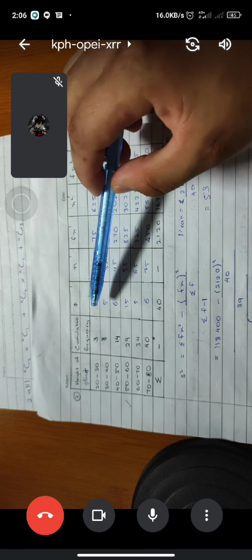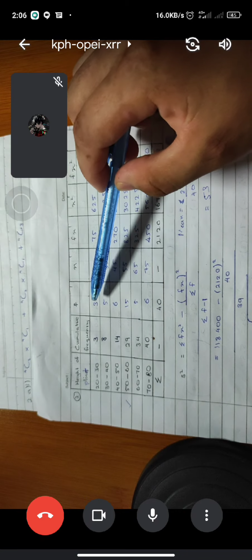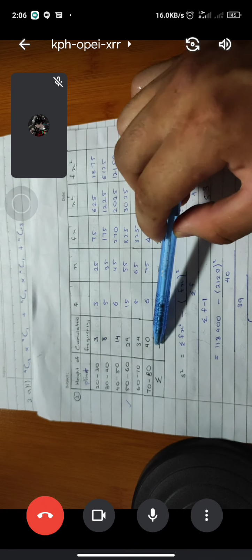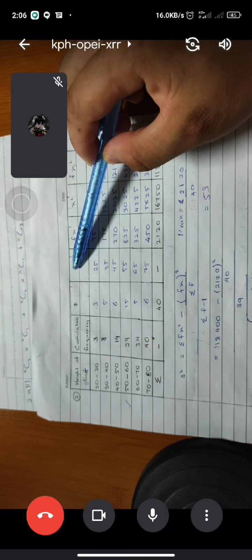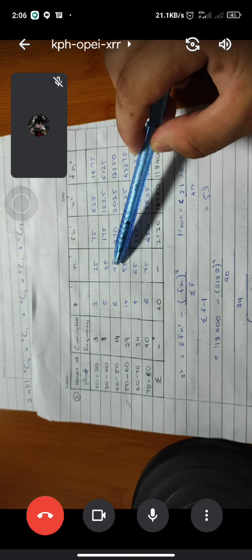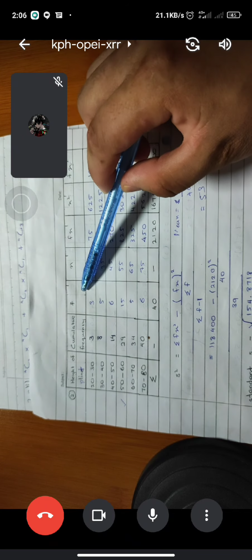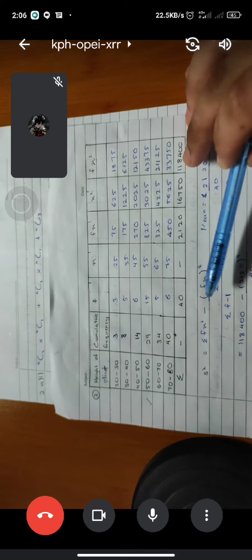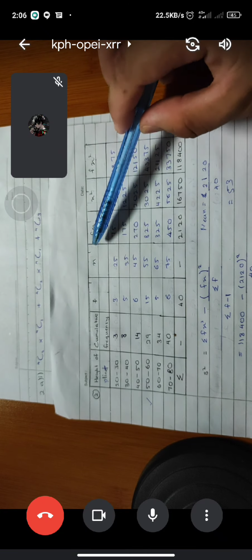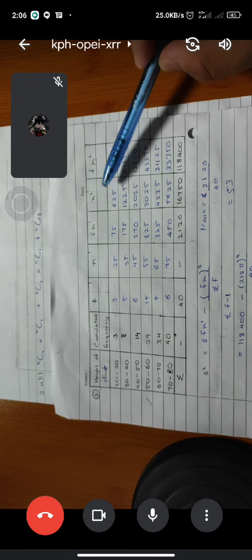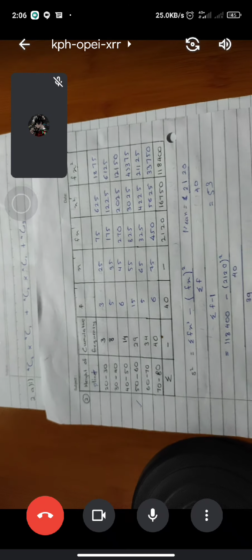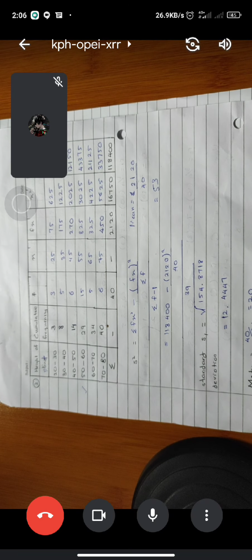We find the f value, which is the frequency, using this data, and we find the x value, which is the midpoint, using this data. So we got f and x values, so it's easier to find the fx value, x square value, and fx square value. Okay, then the question is, find the mean and median height.